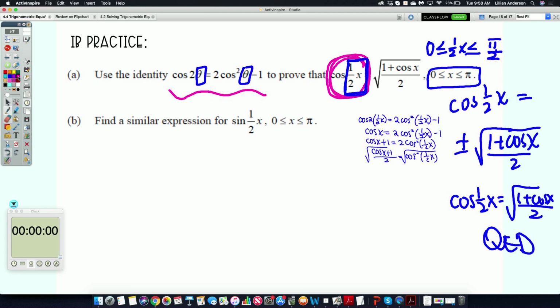Would we use the other one? Which one? The 1 minus 2 sine squared theta. How could I use this? Plug in the 1/2 for the theta. The 1/2 x? Where at?